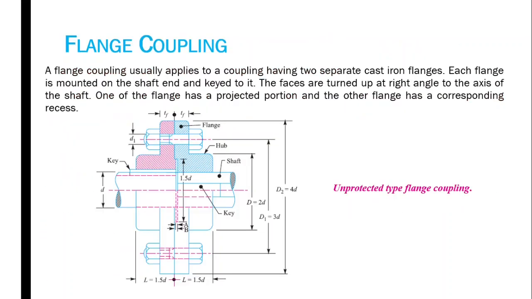Flange coupling is the most common type of rigid coupling. This figure shows an unprotected type flange coupling. Here in this particular figure, we can see that the nut and bolt heads are open to the external environment.